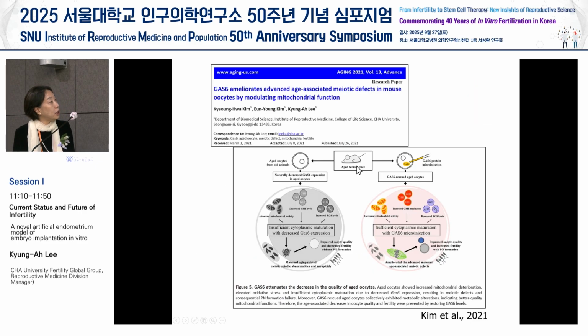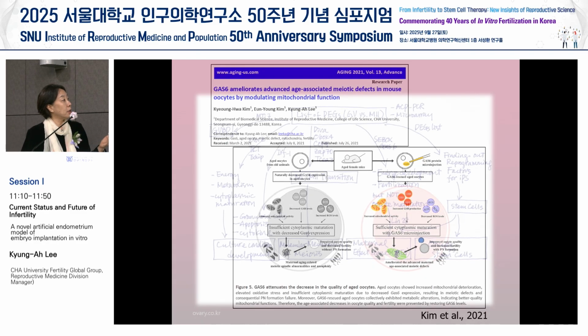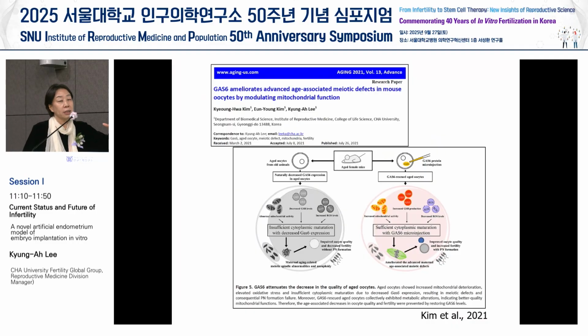Lately, she decided to do a recovery experiment. She injected recombinant Cas6 into the mouse cytoplasm and recovered all the dysfunctions in the mitochondria and other cytoplasmic conditions. It is important because oocytes from advanced age women also have deterioration in the cytoplasm.